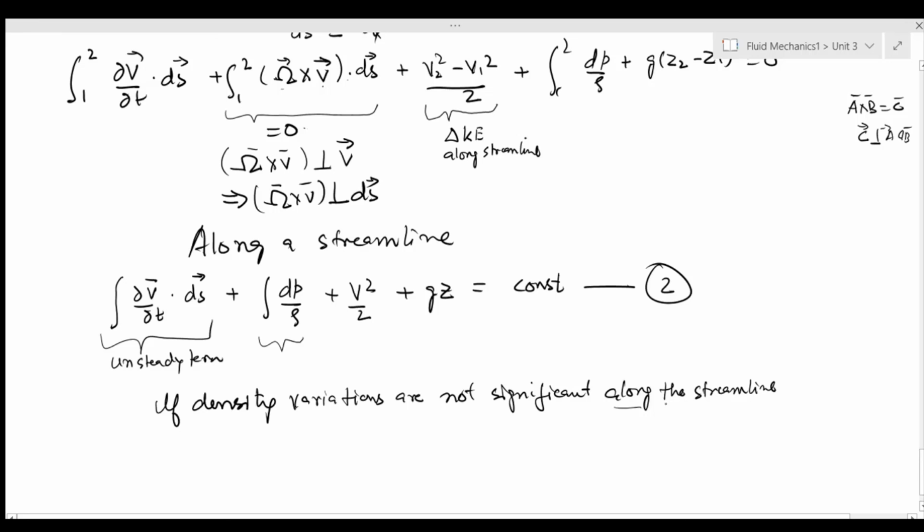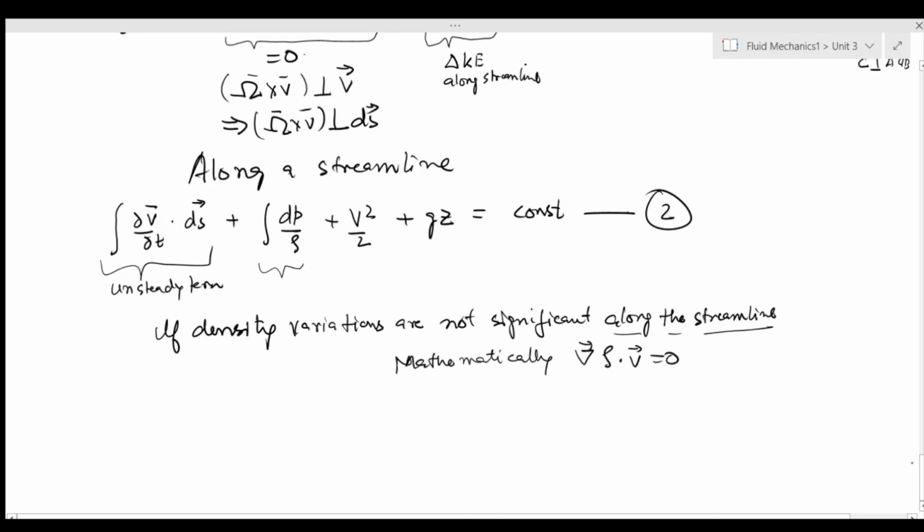Okay, along the streamline, and this is not always the same as saying that it is an incompressible flow. So mathematically what we are trying to say is that if this thing del rho cross V is equal to 0, so if density variations are not significant, then we can write the above equation as del V by del T dot ds.